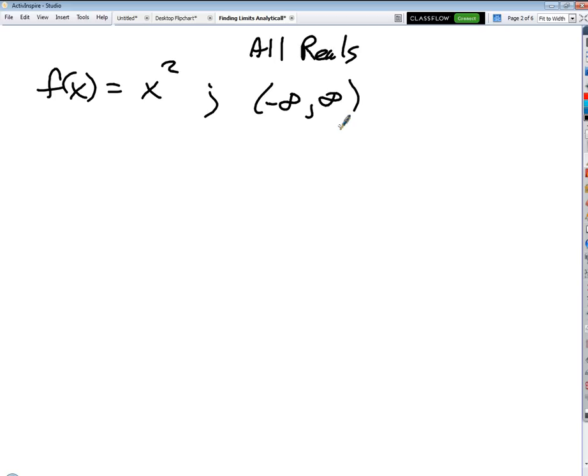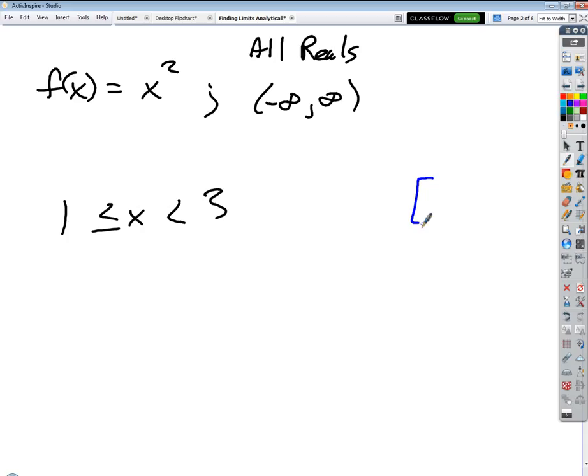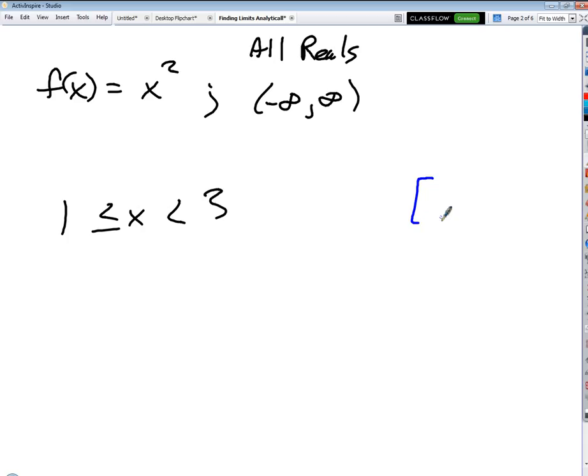What does this say then? When we're talking about interval notation, if I want to say something like this domain in interval notation, x is greater than or equal to 1 and less than 3, how do I say that? Using interval notation, a bracket, 1, comma, 3, parentheses. Okay, good. So that's going to look like a bracket on the left because it's including that endpoint, right?